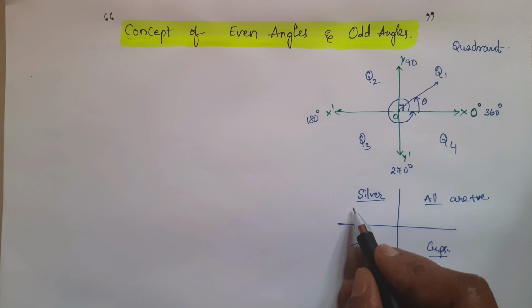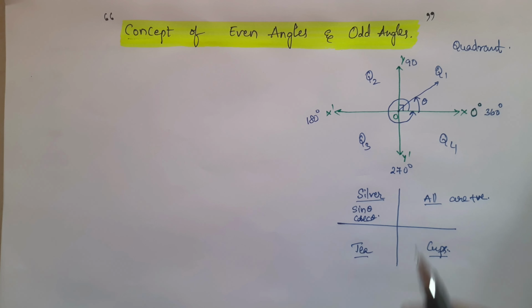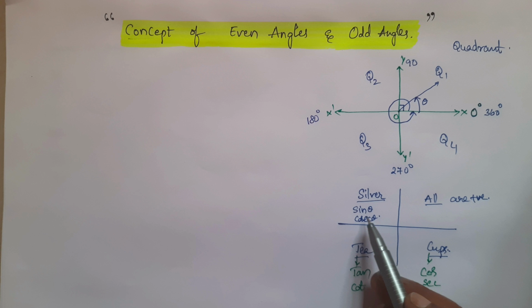So here Silver represents only sine and its reciprocal cosecant theta are positive. So remaining all are negative. Here T represents only tan and cot are positive, remaining are negative. Here C represents cos and its reciprocal secant are positive. So except these two, in this quadrant, except these two, in this quadrant except these two, remaining all are negative.